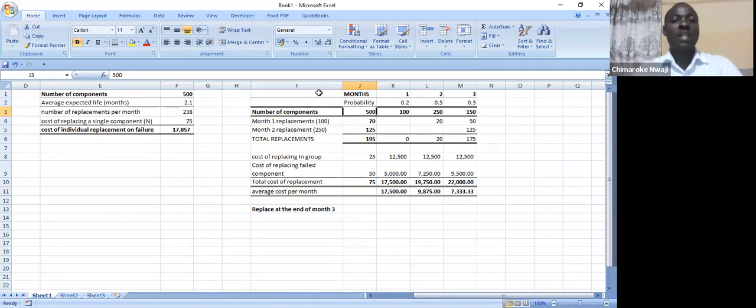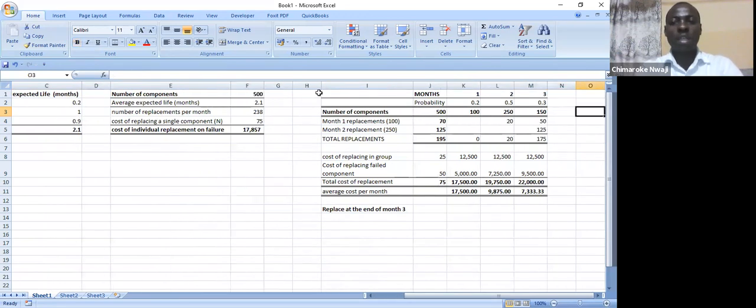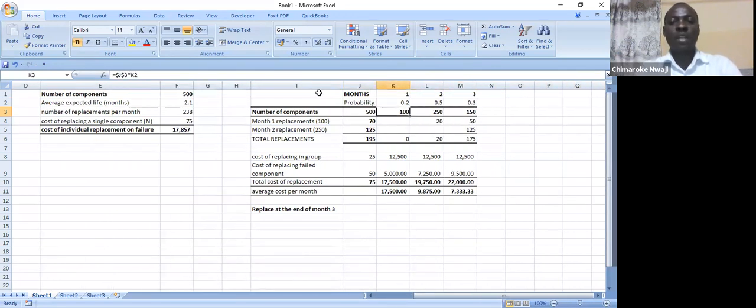Now, we were told, let me go back to this. If 500 is the original, and in month 1, 20% of it fails, that means 20% of 500, which is 100.